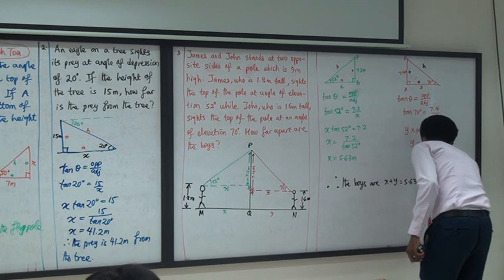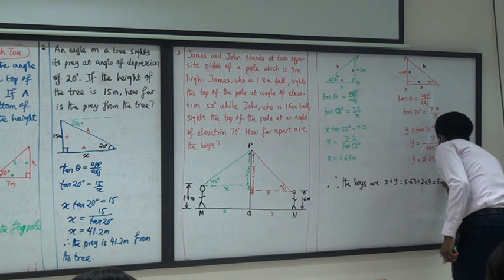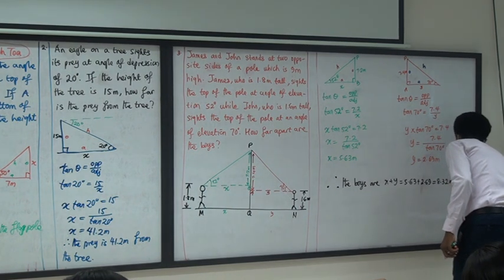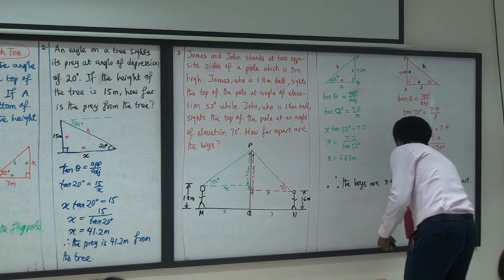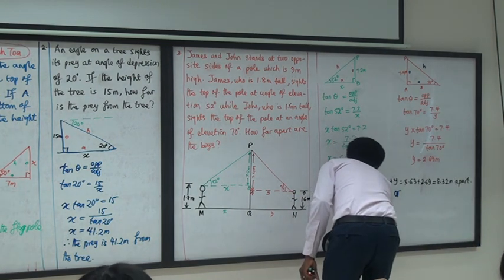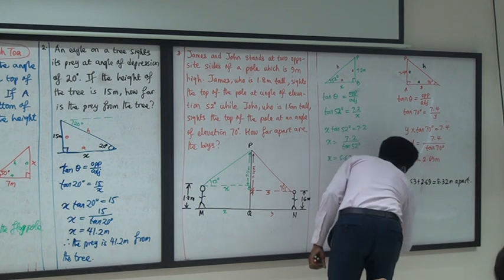What is that? 8.32 meters apart. So yes, you're welcome to write like this. Alternatively, you could say x plus y is equal to 5.63 plus 2.69, which is equal to 8.32 meters.